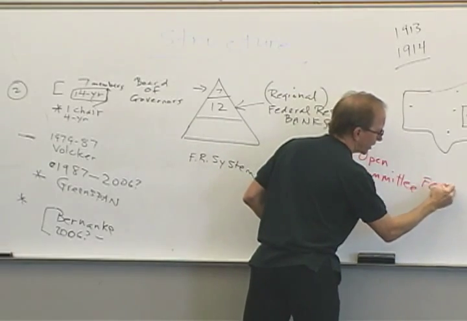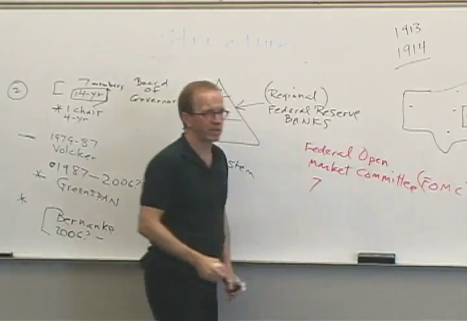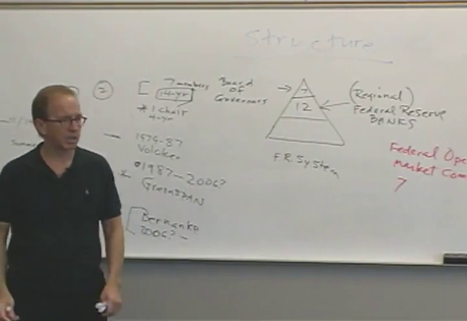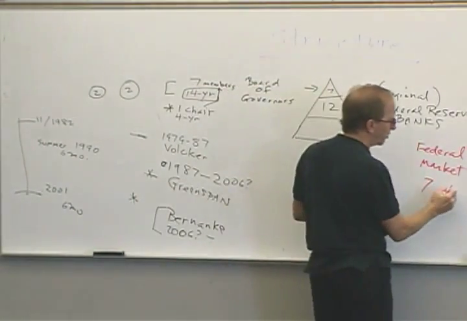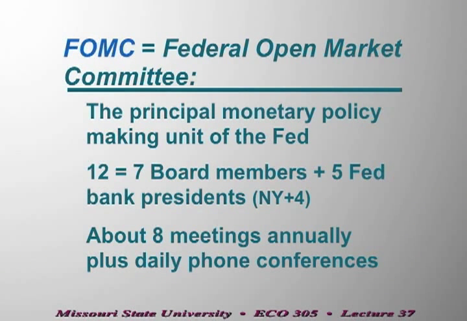FOMC is the common abbreviation for this, the acronym. And then that includes the 7 members of the board plus 5 of 12 of the presidents of the Federal Reserve banks. And so that key committee has got 12 voting members. The FOMC does.